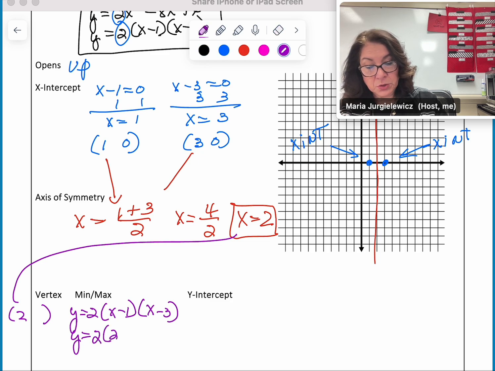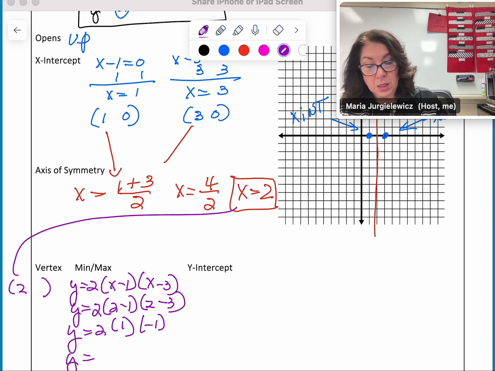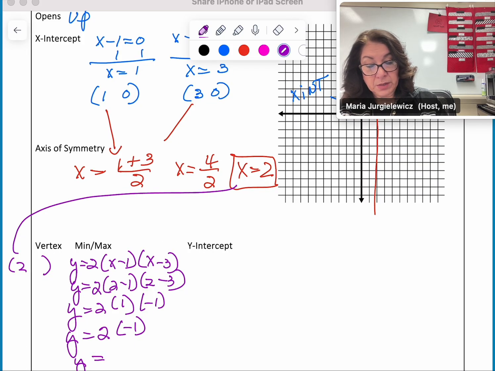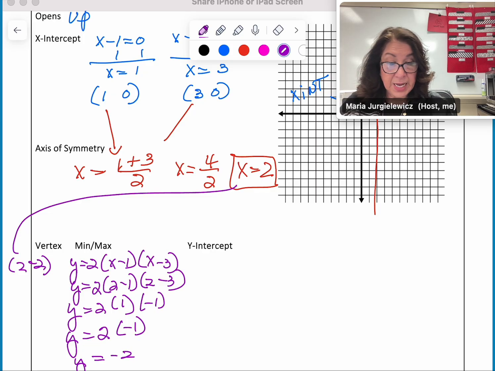So there's an x, 2. There's another x, another 2. And now we need to simplify. So that parentheses, 2 minus 1 is 1. 2 minus 3 is a negative 1. 1 times a negative 1 is a negative 1. And 2 times a negative 1 is a negative 2. So my vertex is at 2, negative 2. There's my vertex.